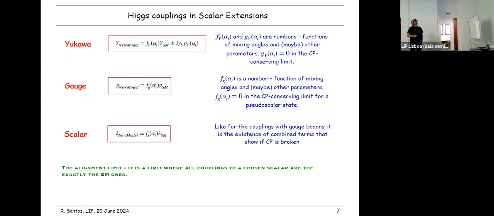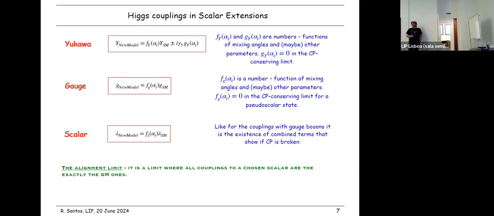So in all these scalar extensions, the Yukawas of the new model are either just a function times the standard model, or something with the gamma 5. And if you have these two at the same time, this means CP violation.